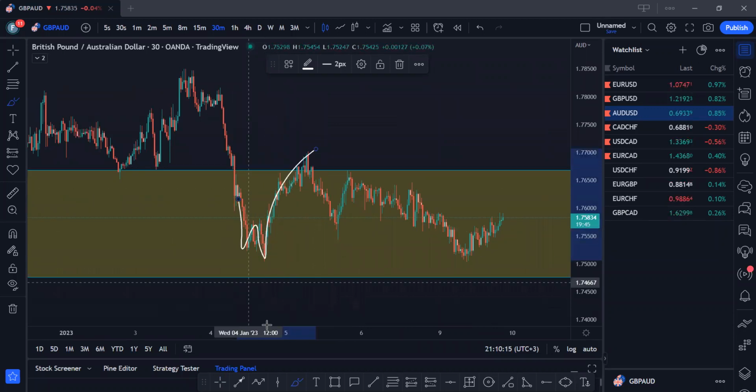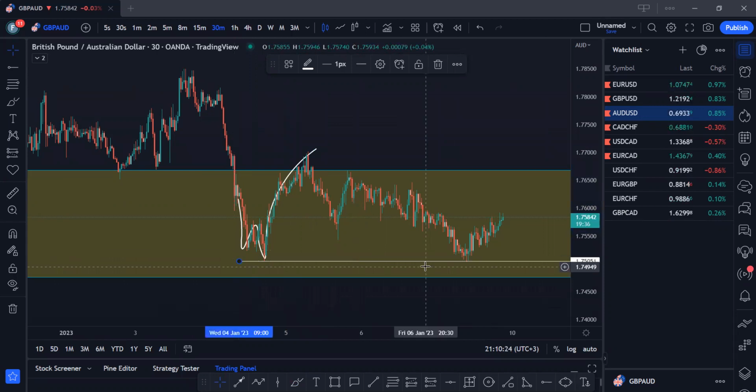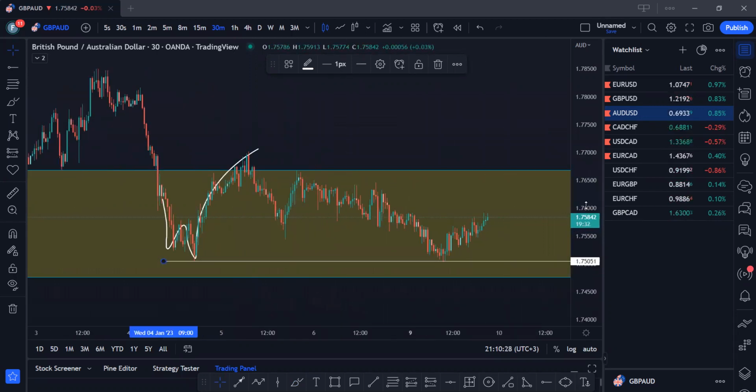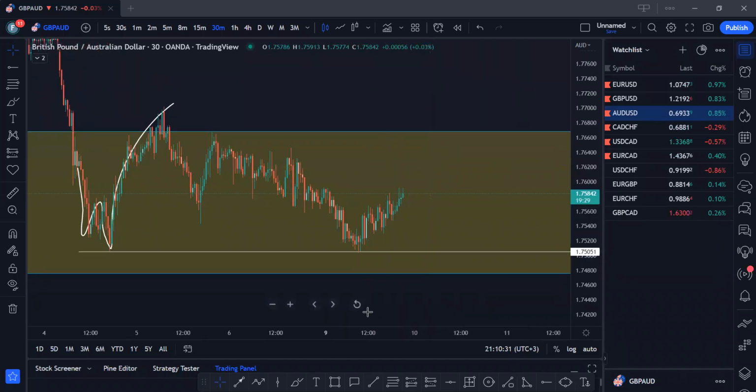What you want to do is wait for price to retrace below this zone. Personally, if I will buy GBP AUD, I like to see this low taken out properly. So I still think that price is going to come down on GBP AUD.